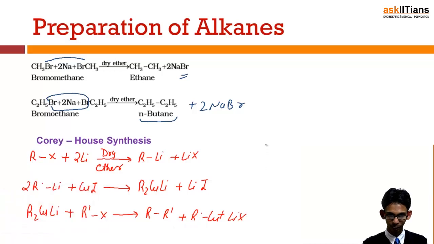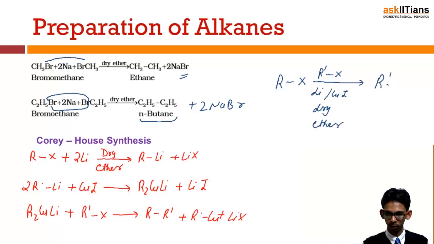In one step we can write it in this form also: alkyl halide reacting with another molecule of alkyl halide, a different alkyl halide with a different alkyl group, in the presence of lithium, cuprous iodide and dry ether, to form R-R'. This is called Corey-House synthesis, which takes place in three steps.